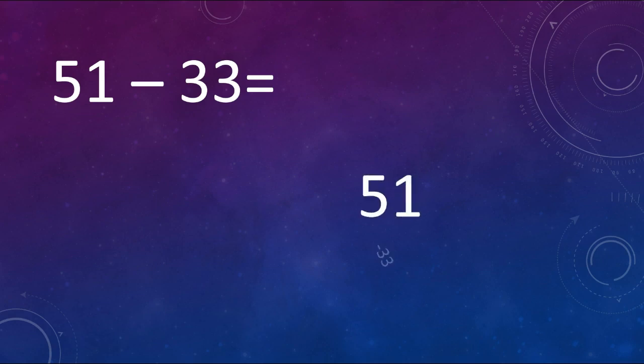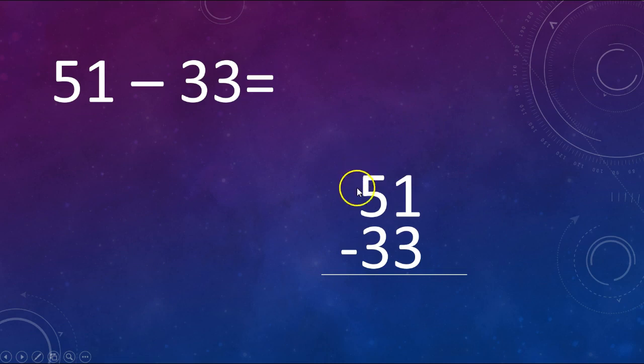So I did 51 minus 33. Are my ones lined up? They sure are. And are my tens lined up? Yes, they are. Do we need to take any of the tens from the 5 here? Yes, we do, because we can't take 3 away from 1. Remember, we're taking away from the ones column first. There's not enough there.